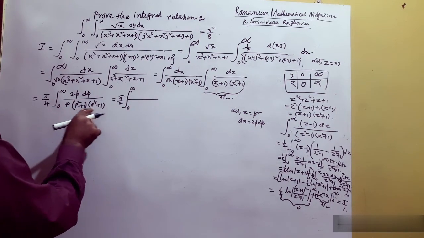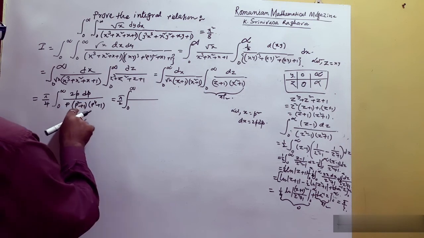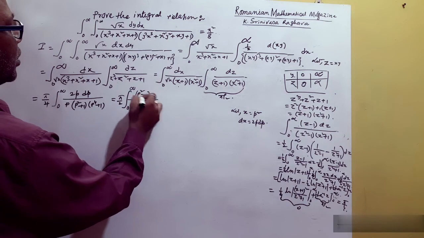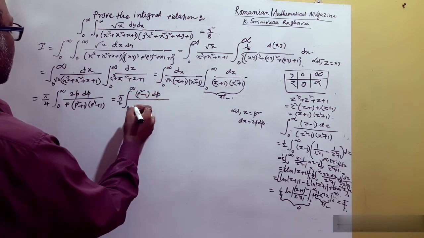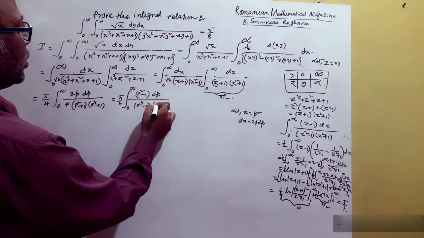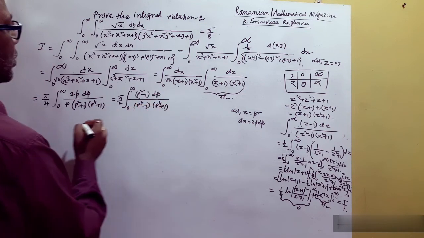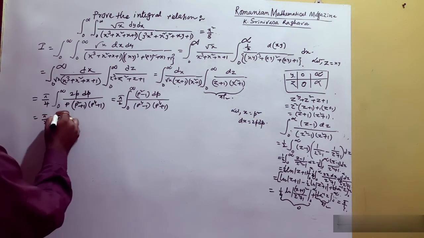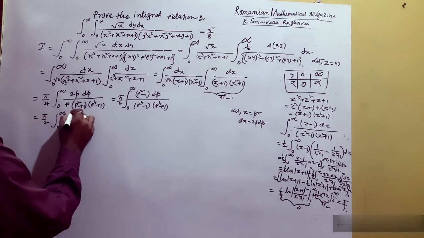Okay, multiply. Here is p to the power 4 plus 1. So we want to get p to the power 4 minus 1. So multiply p square minus 1 into dp. And p is cancelled. So this is p to the power 4 minus 1 and p to the power 4 plus 1. This is pi by 2, 0 to infinity.